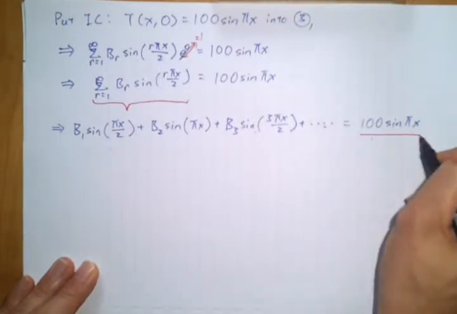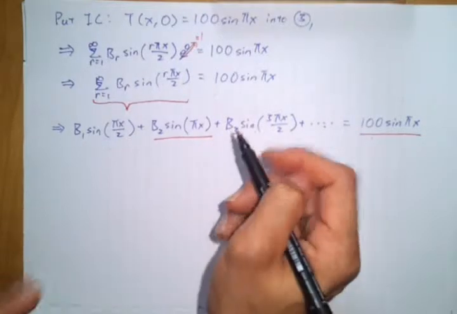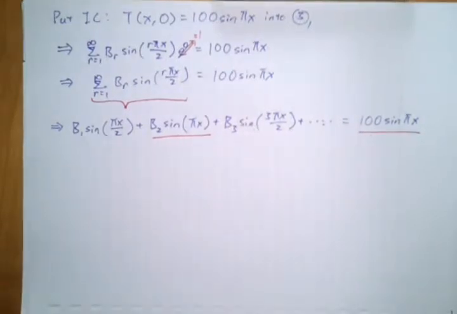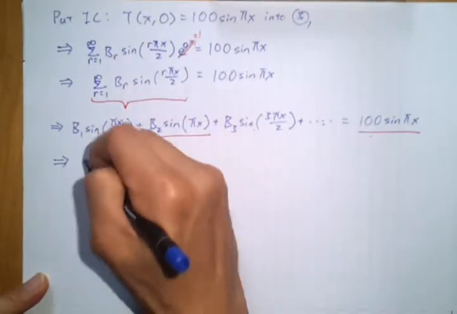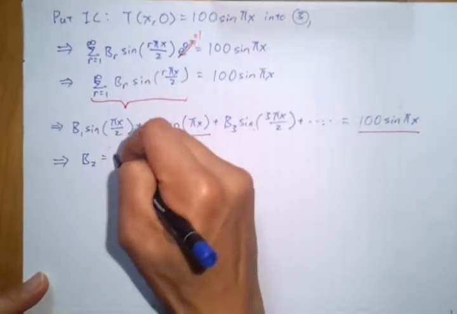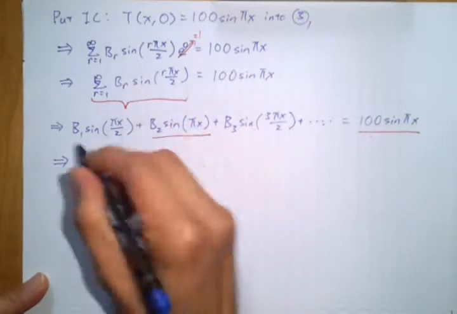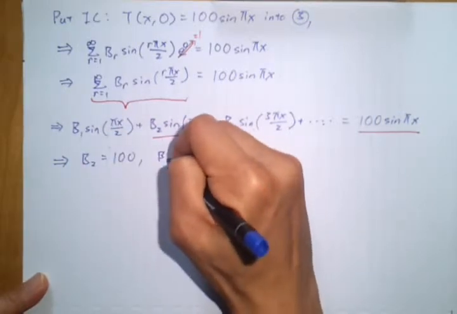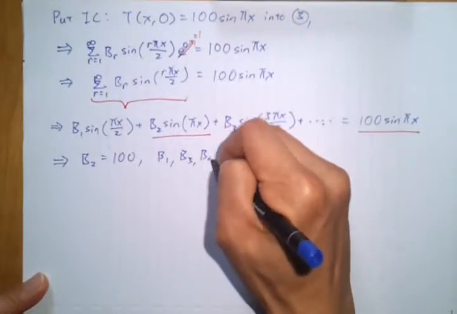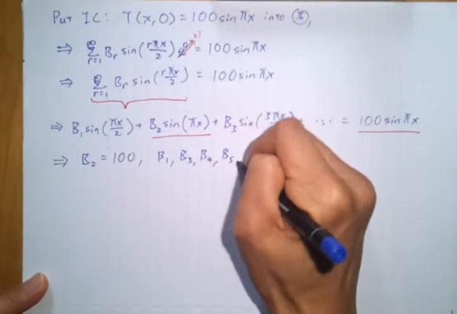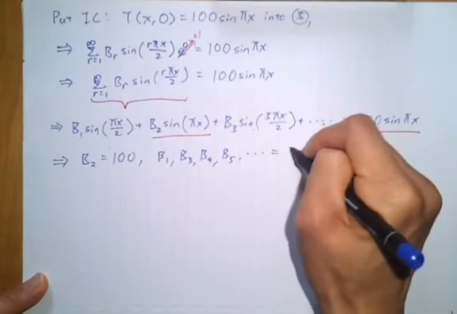So this term matches this term, and therefore your B2 must be 100, and all your other coefficients, B1, B3, B4, B5, and so on, are all 0.